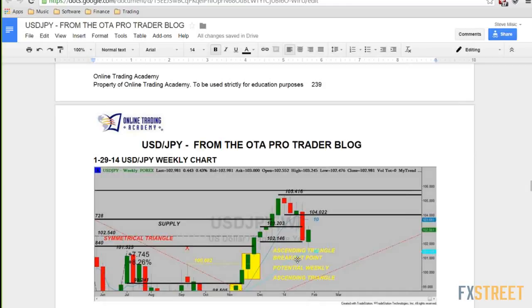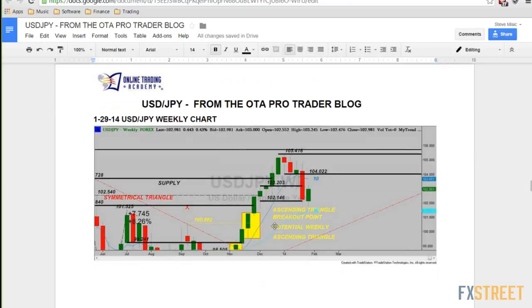And now, before we can make a new high in this pair, which we haven't done since the end of December last year, we're going to have to take out this weekly area of supply. And at this point, we really don't have any weekly demand until we get back down closer to 99.